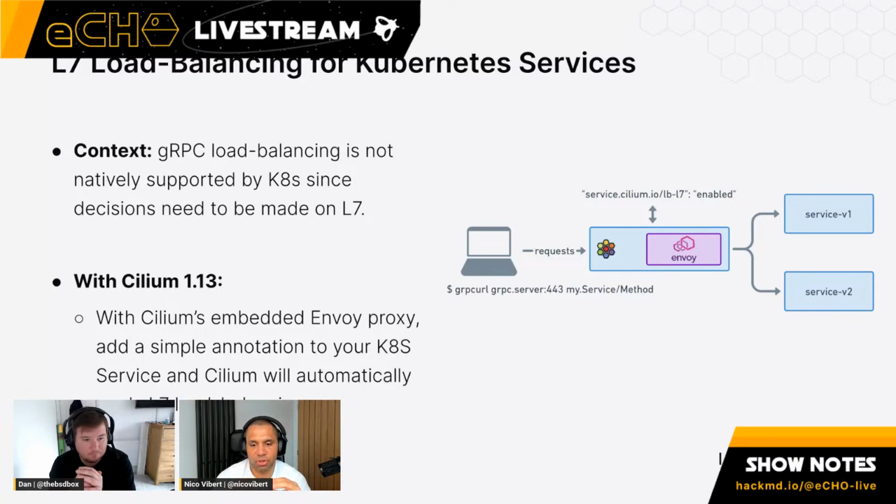So if you just look at the layer 4 packet, you don't know how many gRPC queries are grouped in one gRPC flow. So you need to be able to do it at layer 7 instead of layer 4.